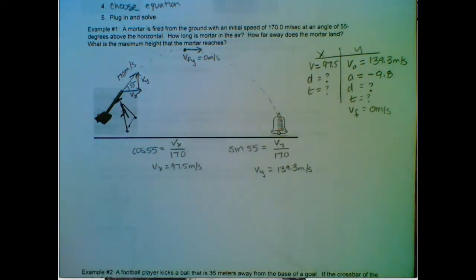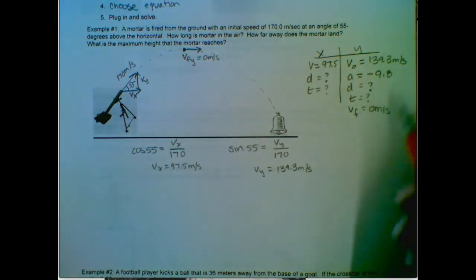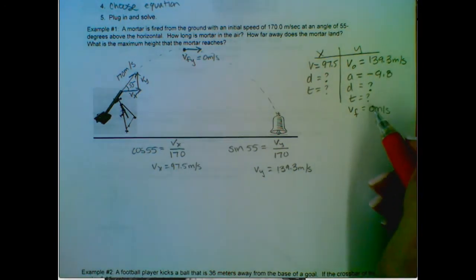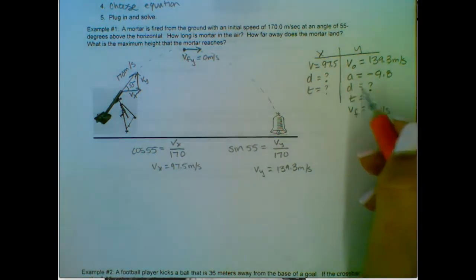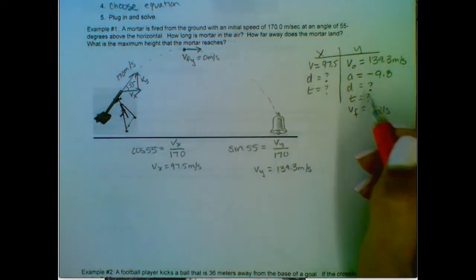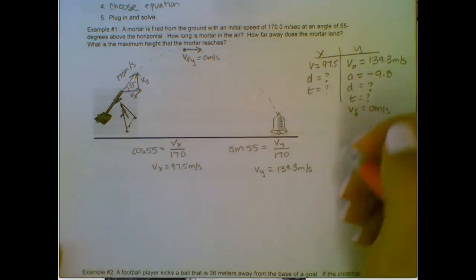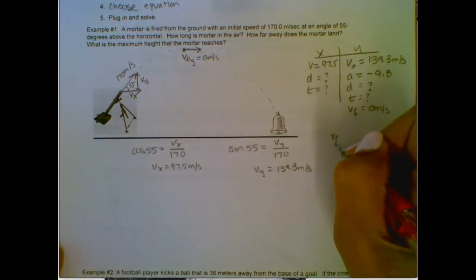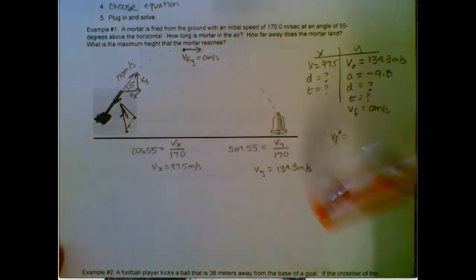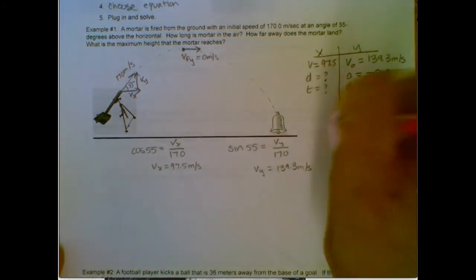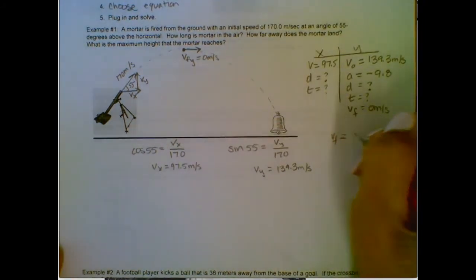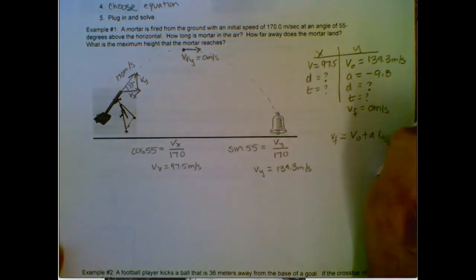So if we want to know how long the mortar's in the air, we're going to need to find the time. We have to use this column because it's where we have the most information. And we want anything that doesn't have the displacement in it, because that's the one variable we don't have and we're not looking for. So the equation we want to use is VF, not squared, equals V naught plus AT.